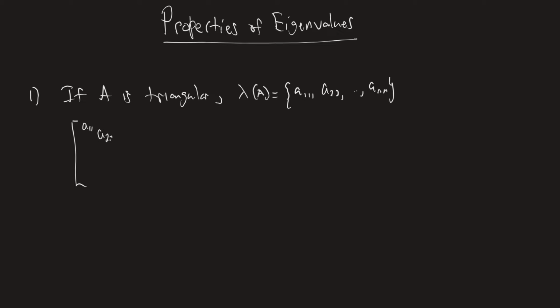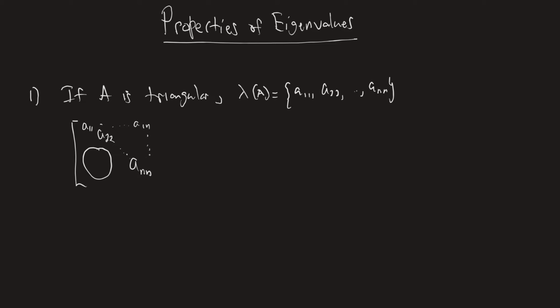You'll have your entries here, and then I'll do my dot, dot, dot, since I'm not specifying the dimension. Let's say it's upper triangular, so you'll have all your zeros here, and then whatever numbers above the main diagonal.